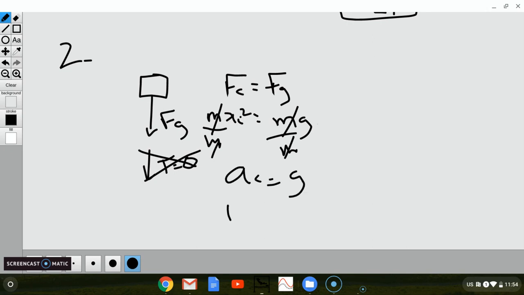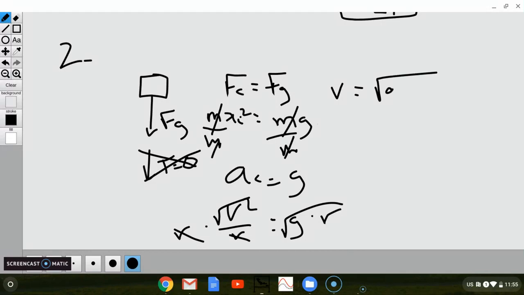And if we remember, this is v squared over r is equal to g. So if we keep going and solve for v, multiply both sides by r. That's an r, not a v. And then we're going to have to square root that. So v is going to be equal to the square root of g times r.